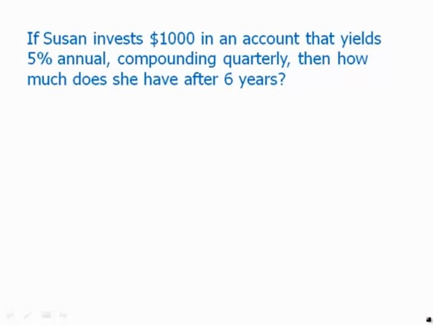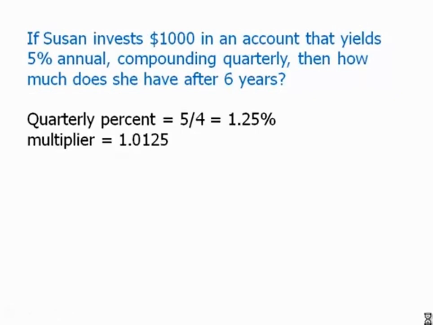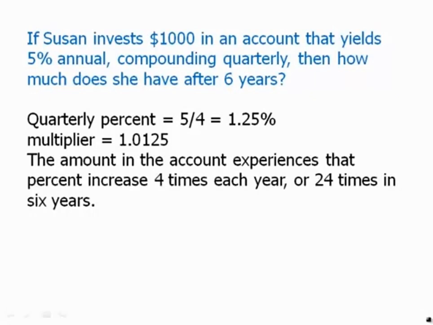So the first thing I'll say is that 5% annual has to get divided by 4. So the quarterly percentage is 1.25%. The multiplier for that is 1.0125. So that's our multiplier. The amount in the account experiences that percent increase 4 times each year, or 24 times in 6 years.